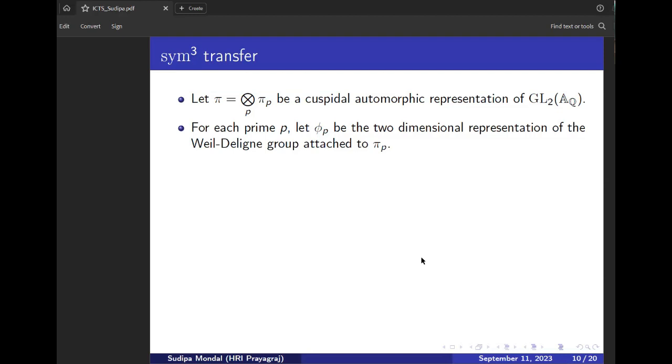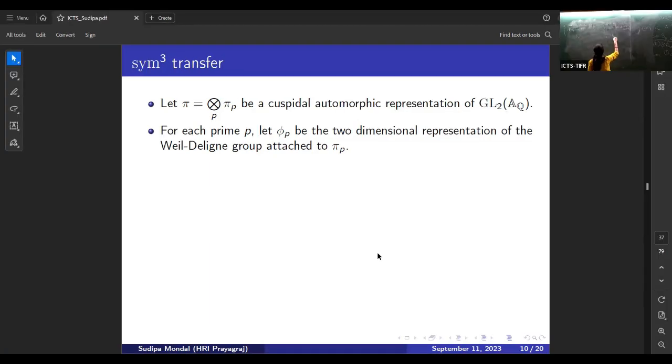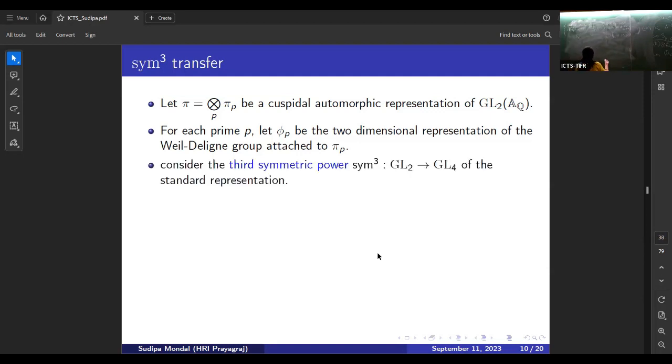So using that, we get a two-dimensional representation, phi p, which I should write. The Weil-Deligne group is denoted as W_Qp prime, into GL2(C). Next, consider the third symmetric power. So that is a representation of GL2(C).